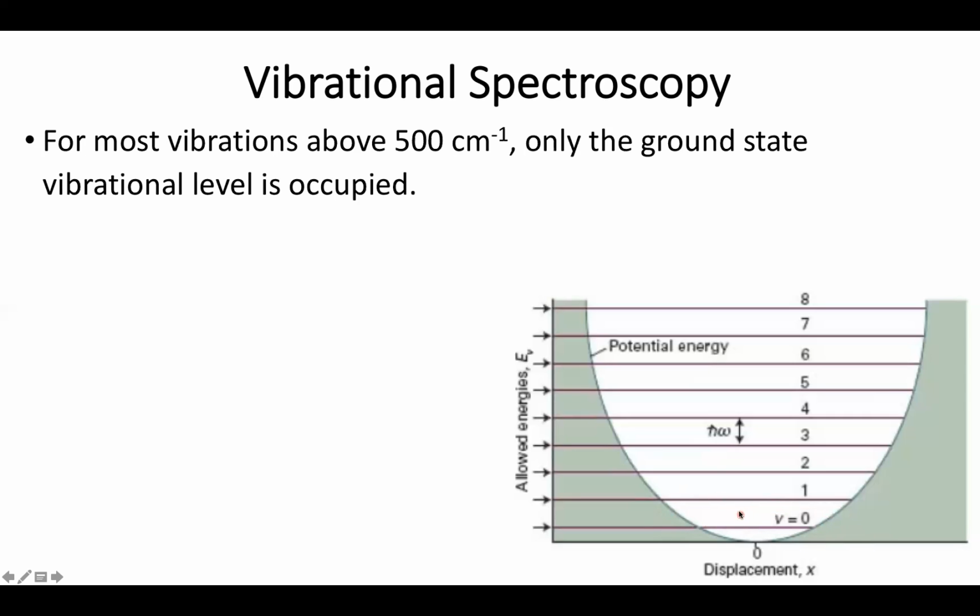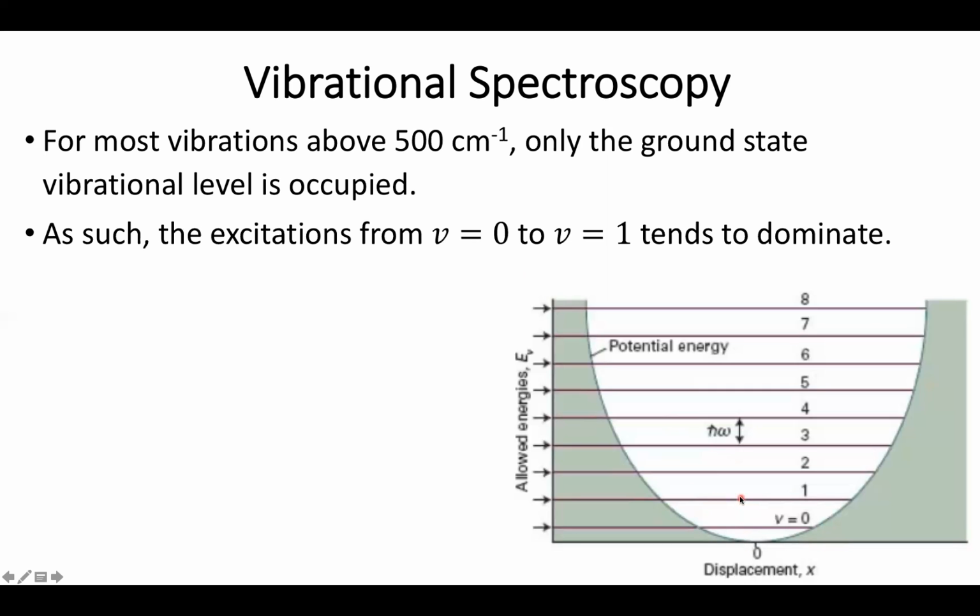Because again, remember, at room temperature, my molecule is only going to be able to jump up so far due to thermal features. And it turns out that cutoff is somewhere between 300 and 500. So for most vibrations, if you remember the infrared spectroscopy that we're interested in, most of the vibrations we care about are above 500. So in most cases, we're only going to be occupying the ground state.